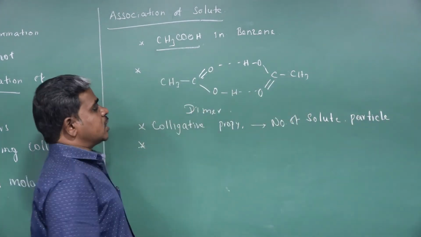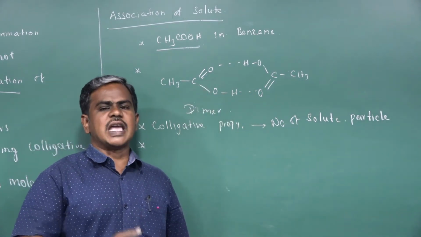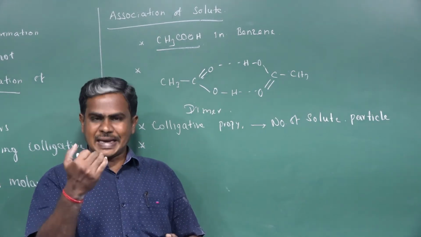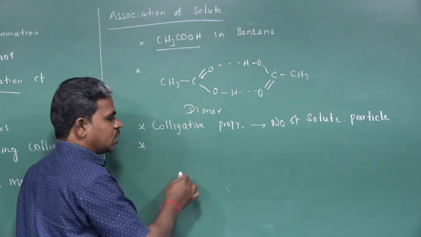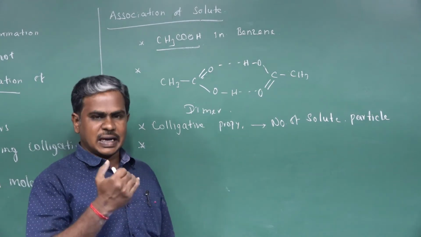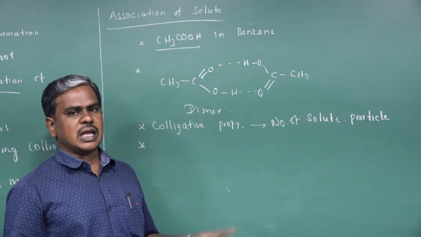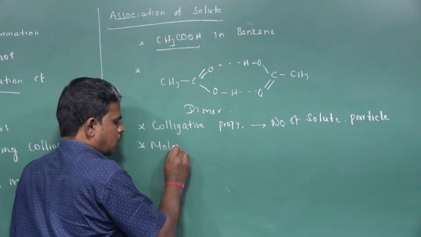And if the solute particles get associated and become dimer or trimer, what will happen? The colligative property decreases. So by association, colligative property decreases, so the molar mass in association will increase.